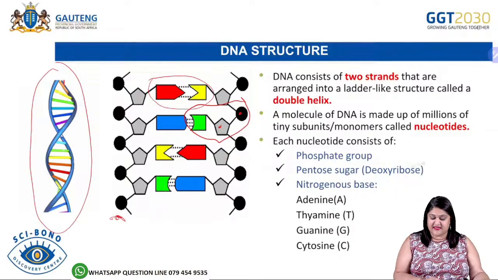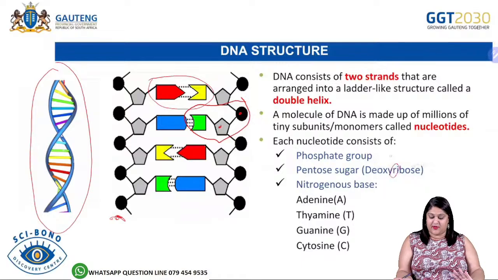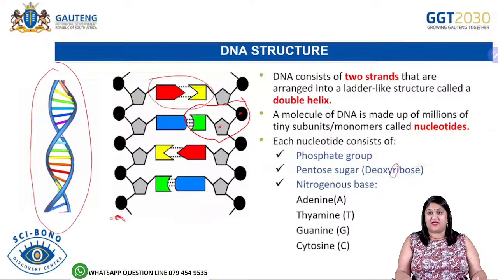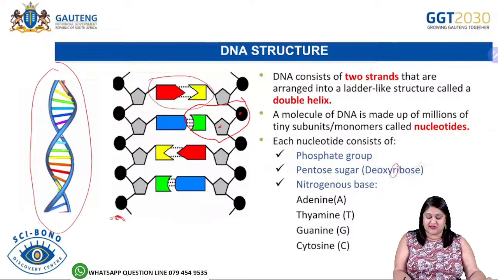You need to know that, not deoxybose. Sometimes learners leave out the RI, or sometimes they leave out the O. Please spell it correctly. It is deoxyribose. Sometimes they say deoxyribonucleic acid, but the sugar is deoxyribose.